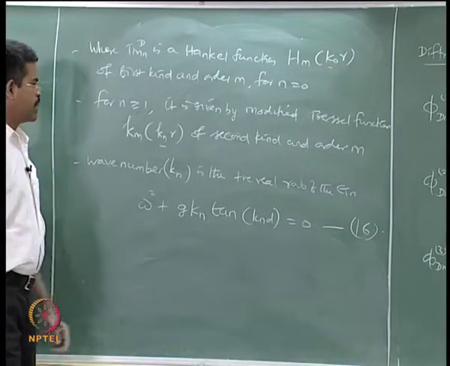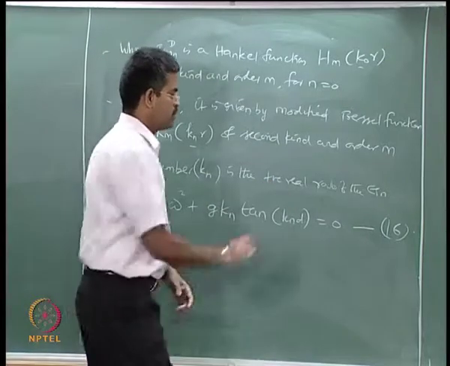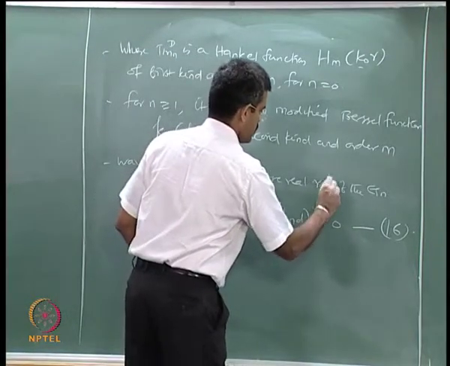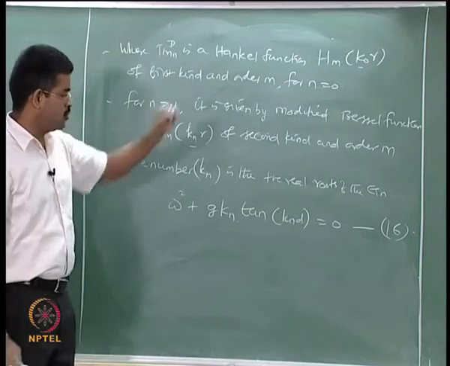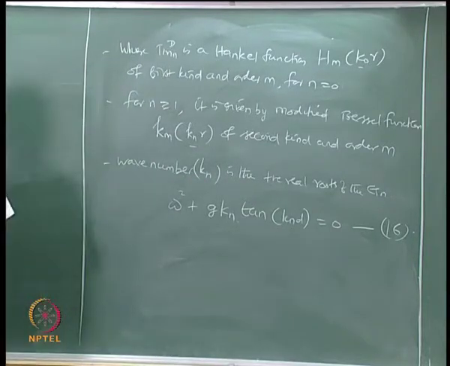So, solve this equation, pick up only the positive real roots, and that will give you the values of Kn, which you have to use in the Hankel function and the Bessel function for evaluating them.